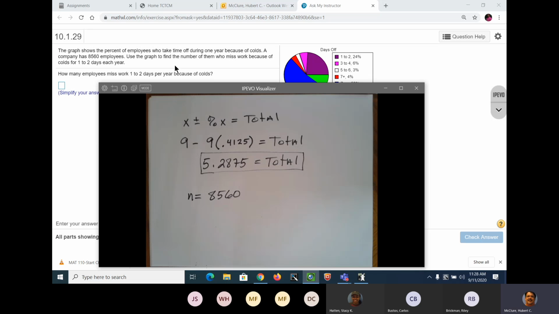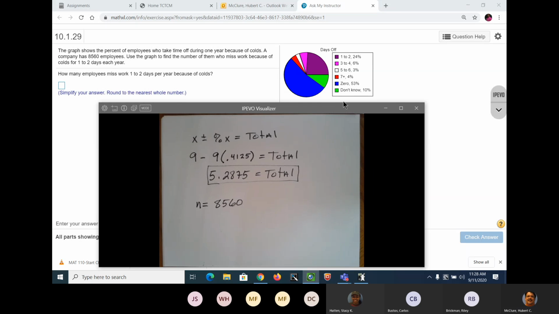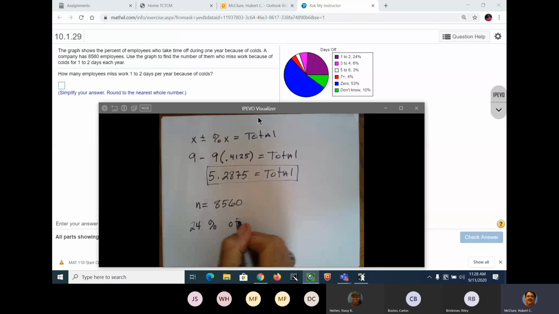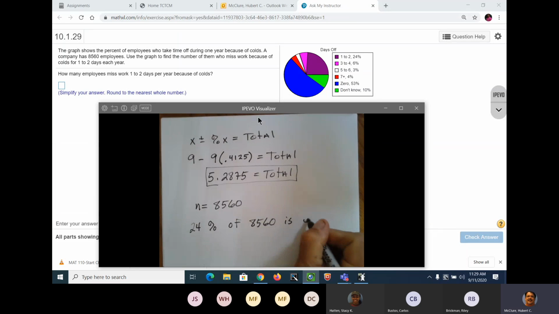Use the graph, the missed work because of colds 1 to 2 days. So that's 24%. So that's going to be 24% of 85/60 is what number?